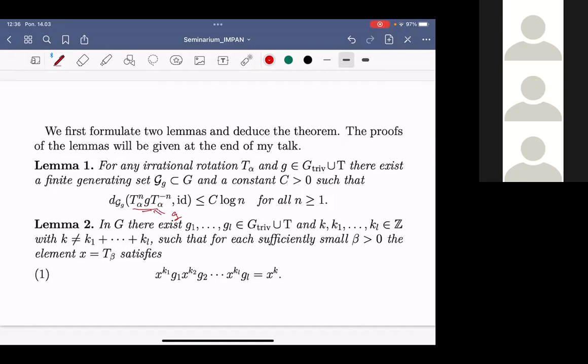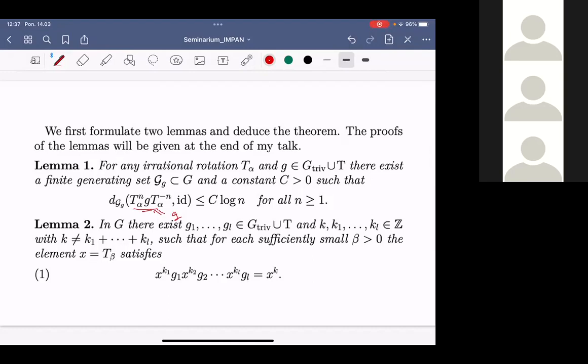Lemma 2 says that in G, we are able to find some elements g_1 up to g_L, which belong to G or are rotations, and some integers k, k_1 up to k_L, such that k is different than k_1 plus k_2 plus up to k_L.